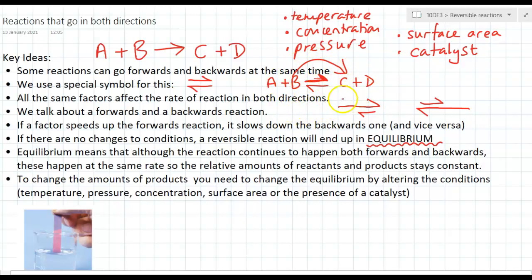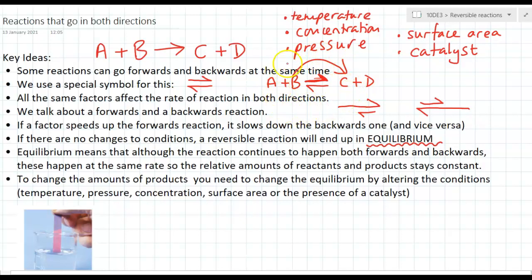So you could think of it as, let's say it's your bank account. If you pay in the same amount of money each month and take out the same amount of money every month, then the amount of money in your bank account at any time will remain constant.